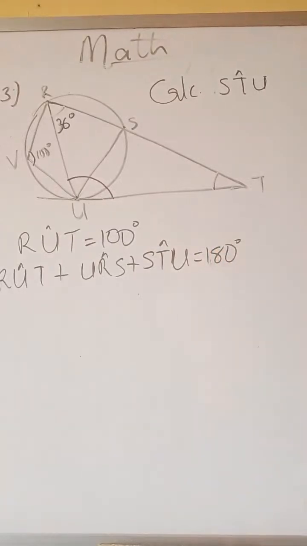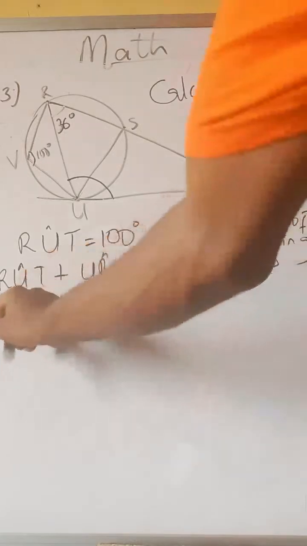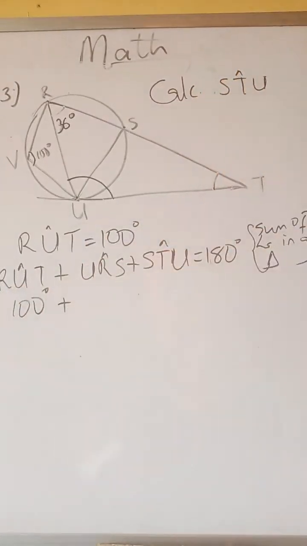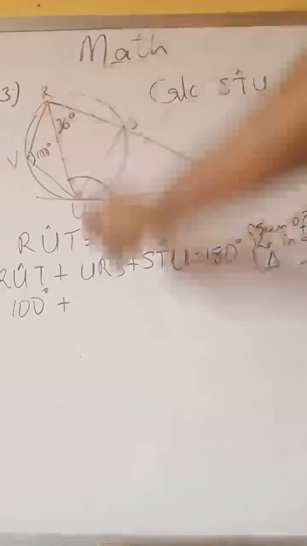And what's the reason? It's the sum of angles in a triangle. We'll have to write the reason, and that's the short form for sum of angles in a triangle. So we have 100 here. For URS, it's given as 36.